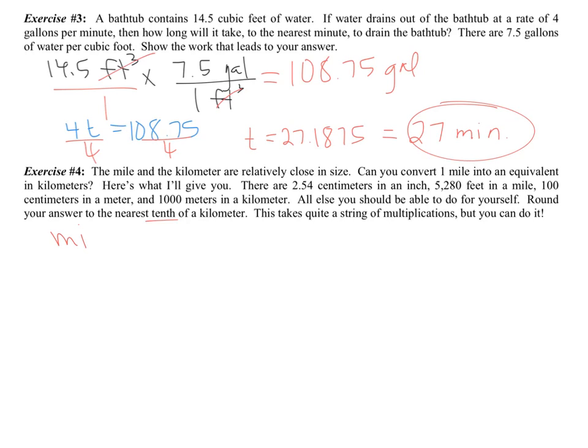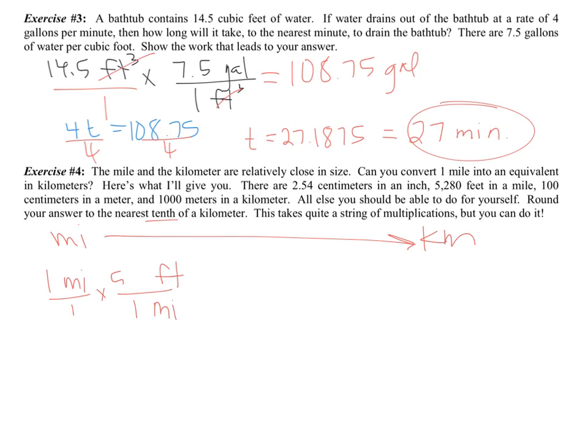So we want to go from miles to kilometers. So let's start with 1 mile. We want to go all the way from miles to centimeters because centimeters will take us to kilometers. So I need mile to be down here in order to cancel out. And we know that we can go from feet to mile.